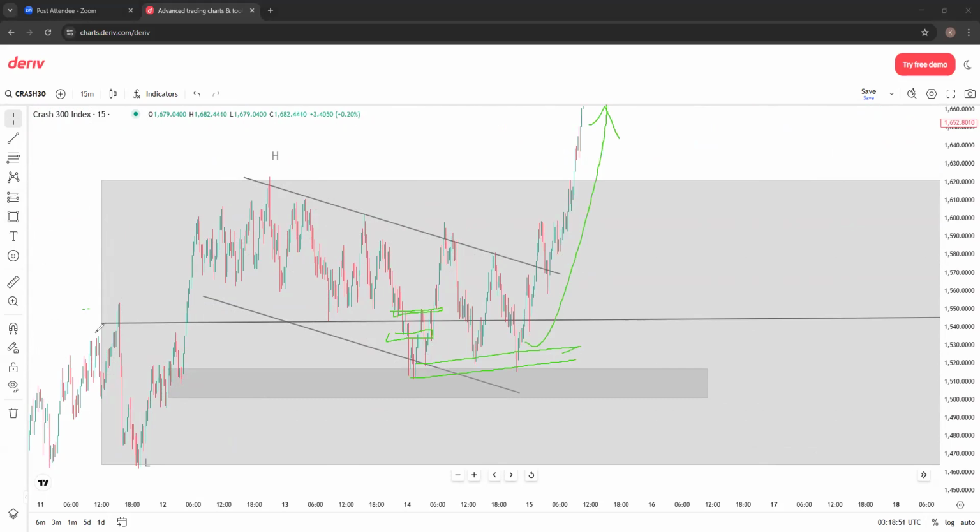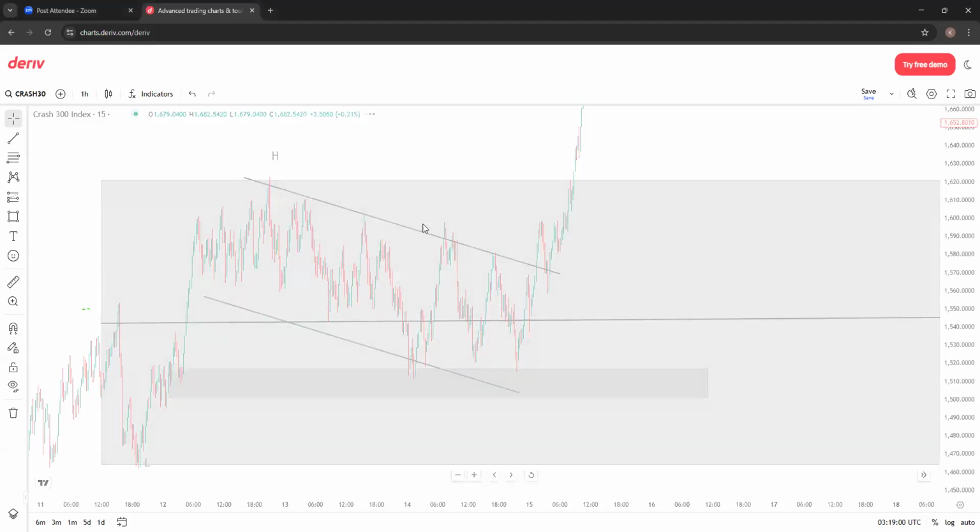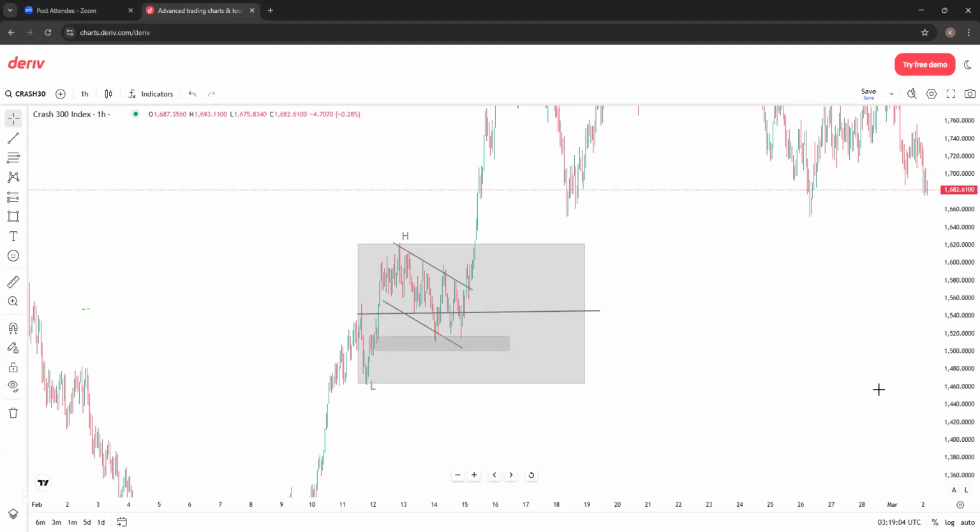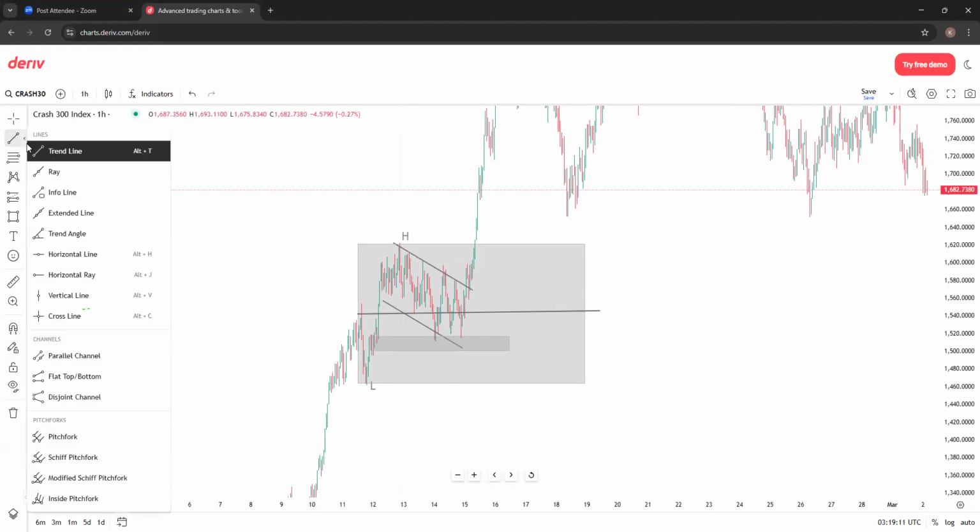Right. So how will you put your take profit for a trade like this? How you will put your take profit from a trade like this is you just need to measure your distance from your high.